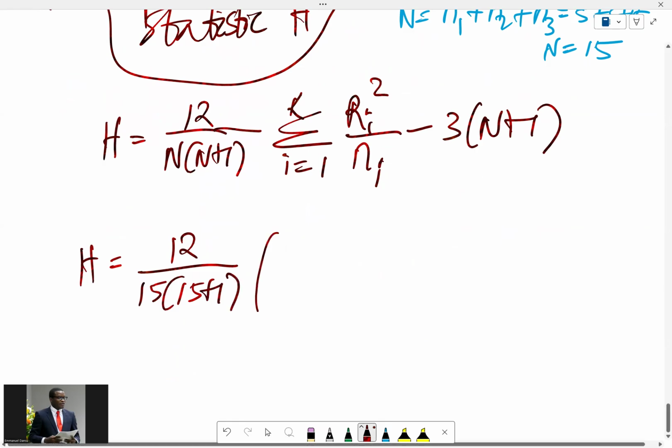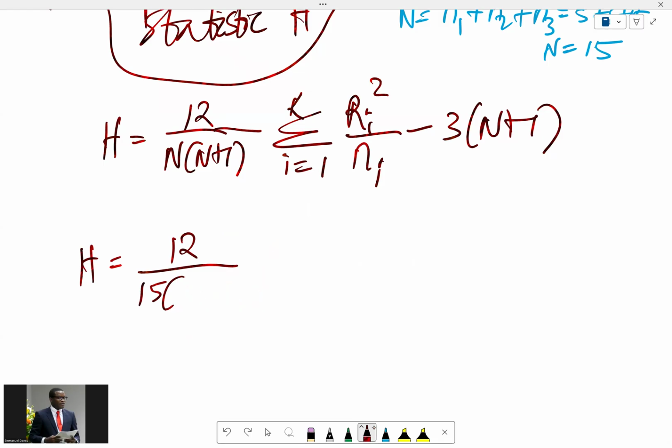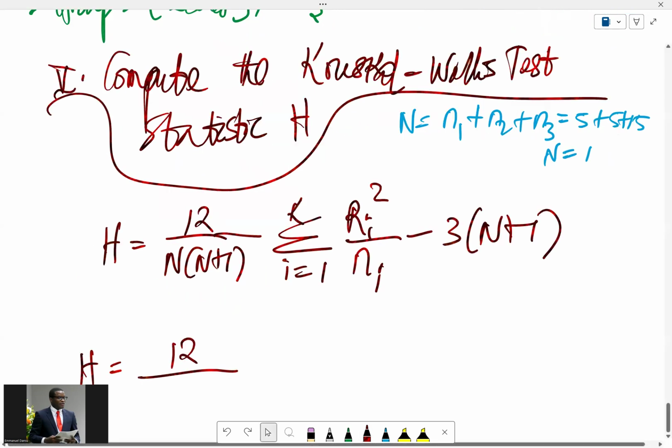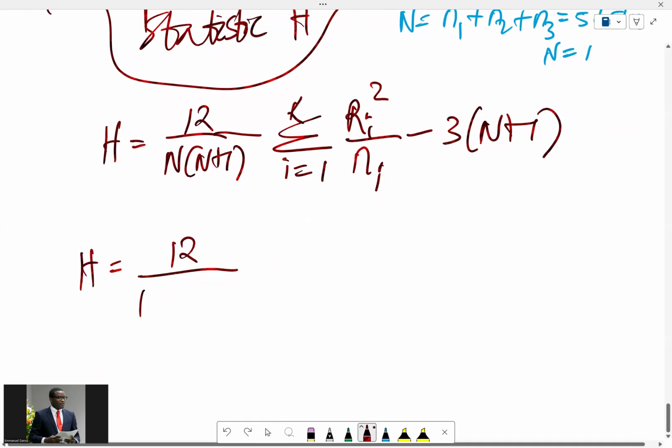Let me break down the formula first to make it clearer. You have 12 over n into n plus 1.